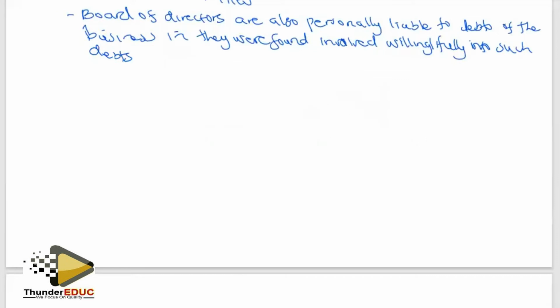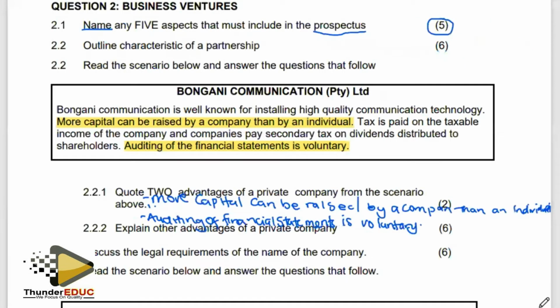The question paper, another part says to discuss the legal requirements of the company.